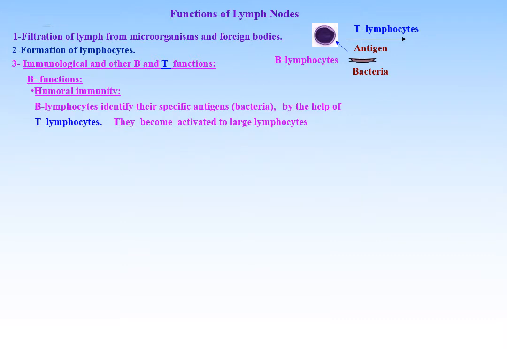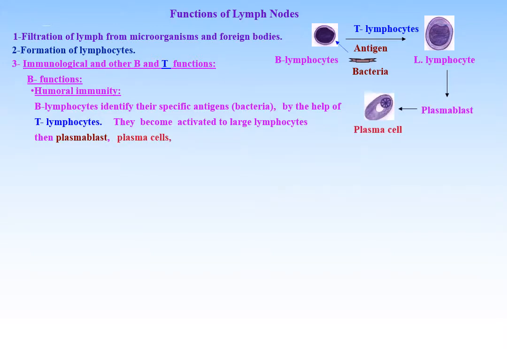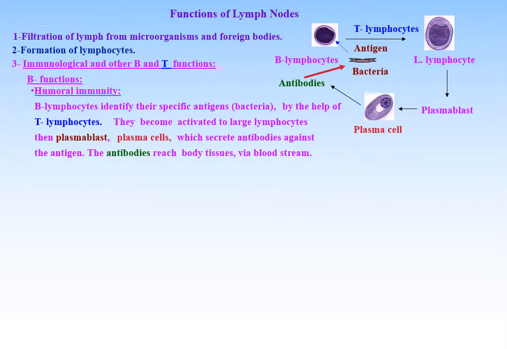They become activated to large lymphocytes, then change to plasmablasts, then plasma cells, which secrete antibodies against the antigen. The antibodies reach the body tissues via the bloodstream.